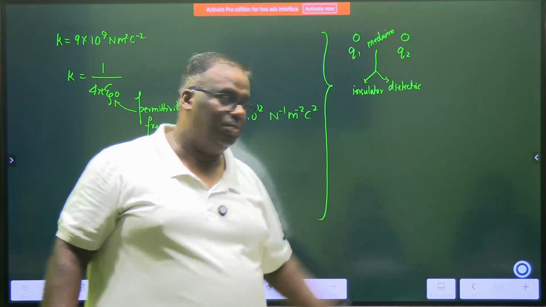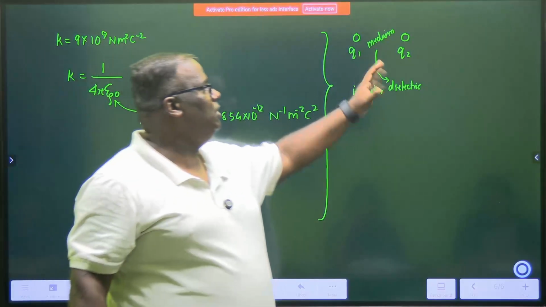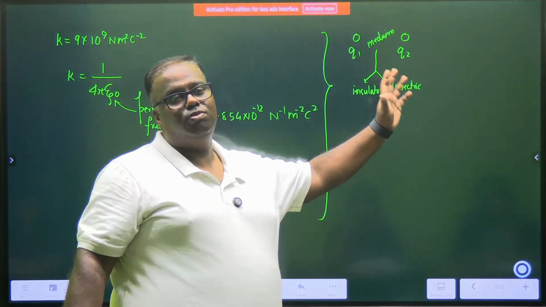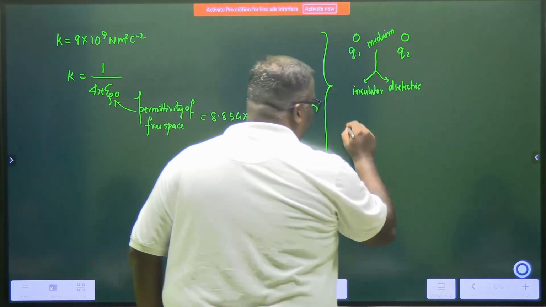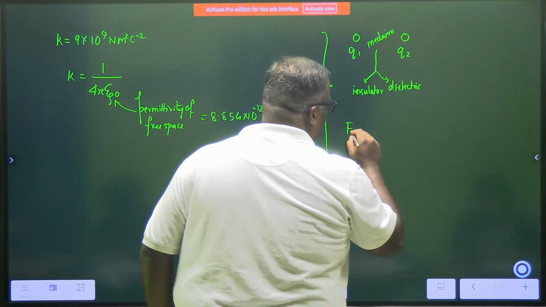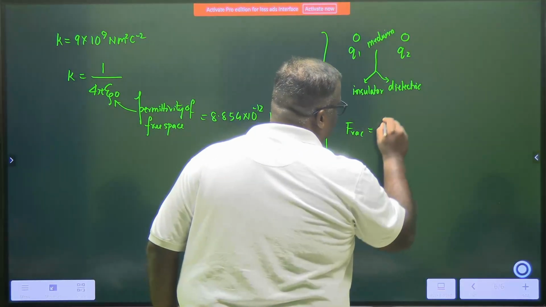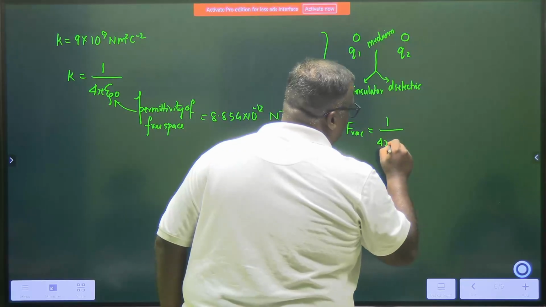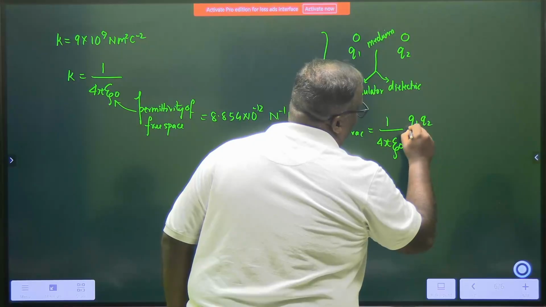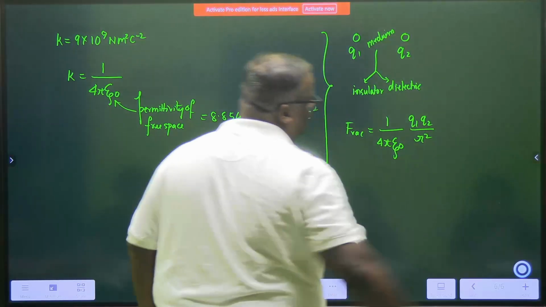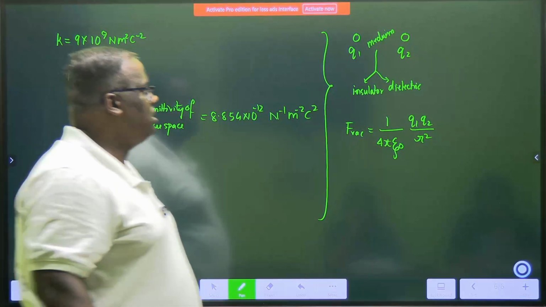Have you understood? So if you are placing them in any medium which is other than free space or vacuum, then we say F vacuum is always given by 1 by 4 pi epsilon naught Q1 Q2 by R square. This is F vacuum.